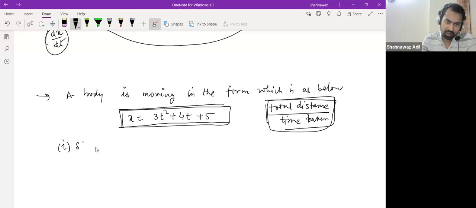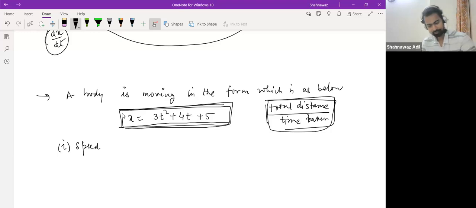So whenever I am given this kind of question, they will talk about speed. Is this a uniform speed or non-uniform speed? Is my distance the same for all the time intervals? No, so this is non-uniform. Then the question would be: what is the speed from 0 to, let's say, 3 seconds?